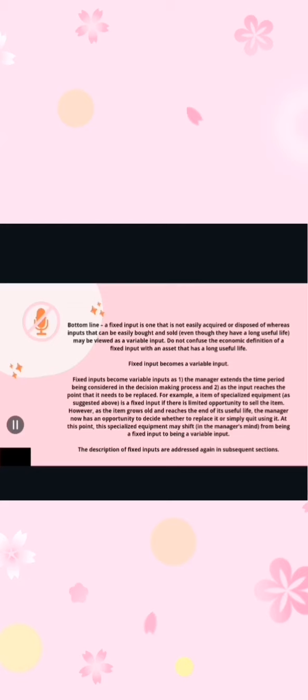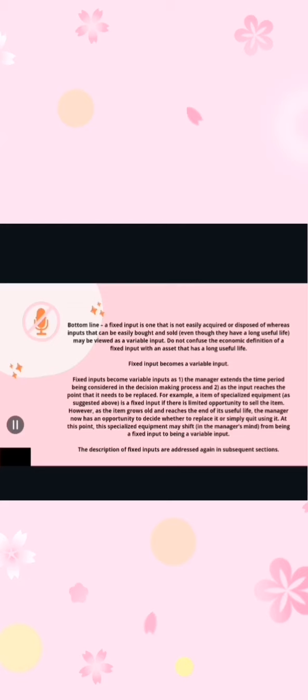For example, the item of specialized equipment, as suggested above, is a fixed input if there is limited opportunity to sell the item. However, as the item grows old and reaches the end of its useful life, the manager now has opportunity to decide whether to replace it or simply quit using it.